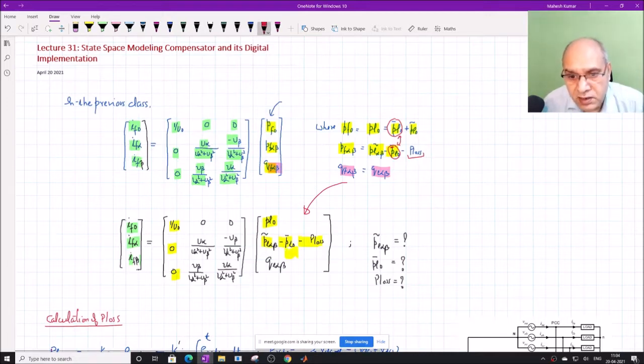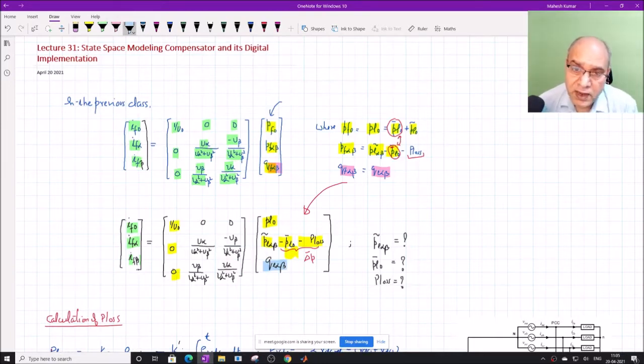If you remember in the previous class, together we defined delta P bar as some fractional power of the total power, being the zero sequence power and the losses in the compensator, and QL alpha beta. Remember the term that we have used here: this power is being substituted in terms of the load power, QL.